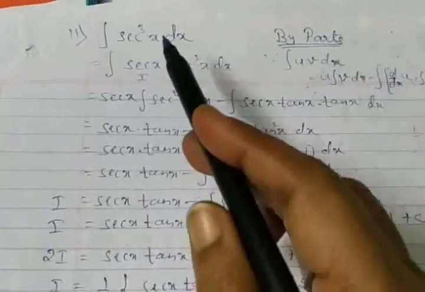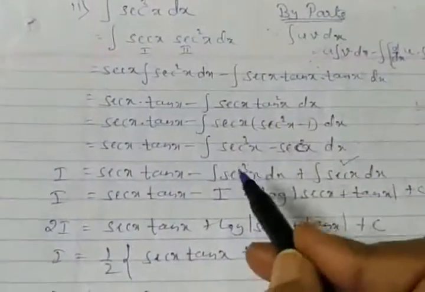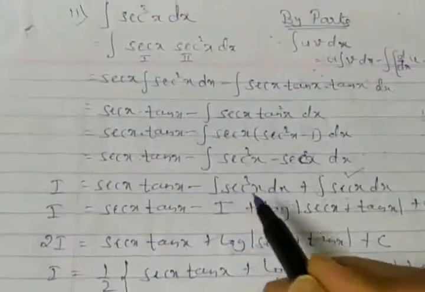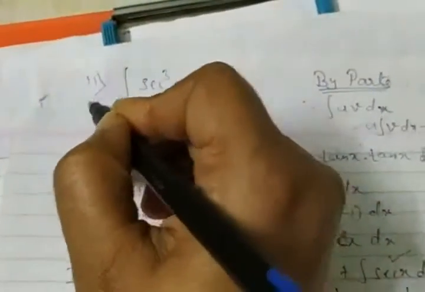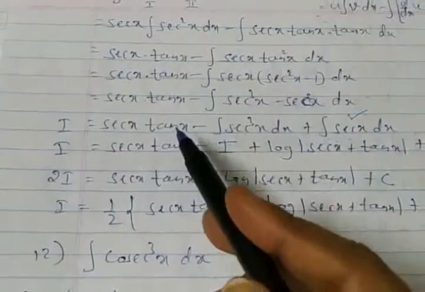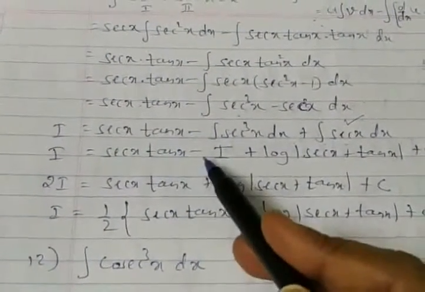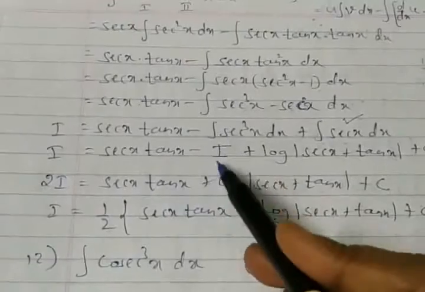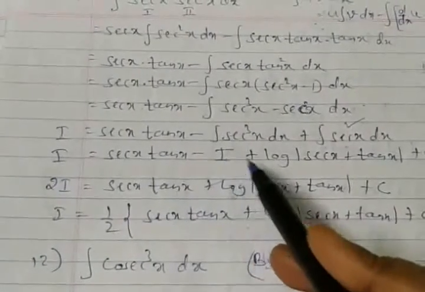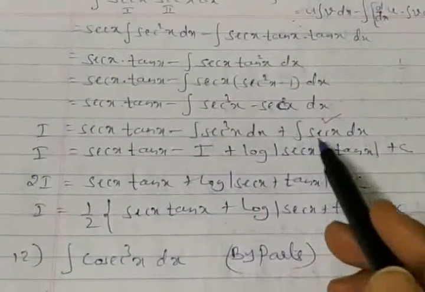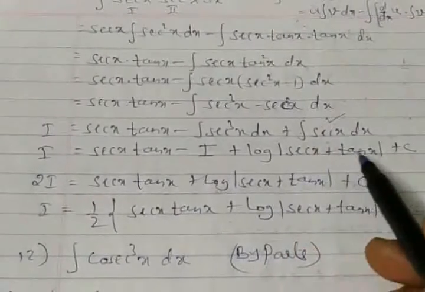Isn't it? The same function only we are trying to integrate here. So the question has come back, and this question I can take as I is equal to, and the same steps I have balanced here. Terms kept as it is, minus, this itself is the question, which I can take as minus I. Plus, integration is done for sec x, so it's log mod of sec x plus tan x.